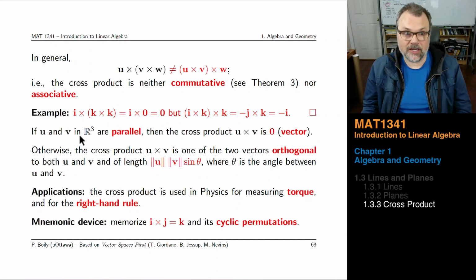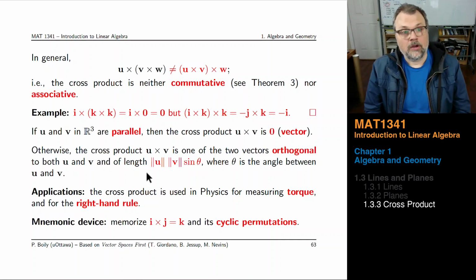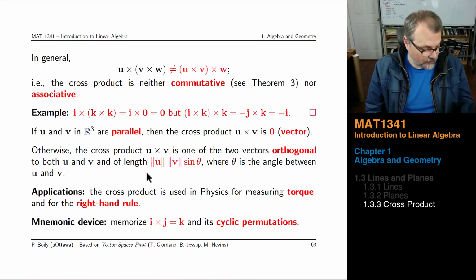But if they're not parallel, the cross product U cross V is one of only two vectors that are orthogonal both to U and V that have this very specific length here, the area of the parallelogram that's bounded by the vectors. So in physics, for sure, you use that to measure the torque.